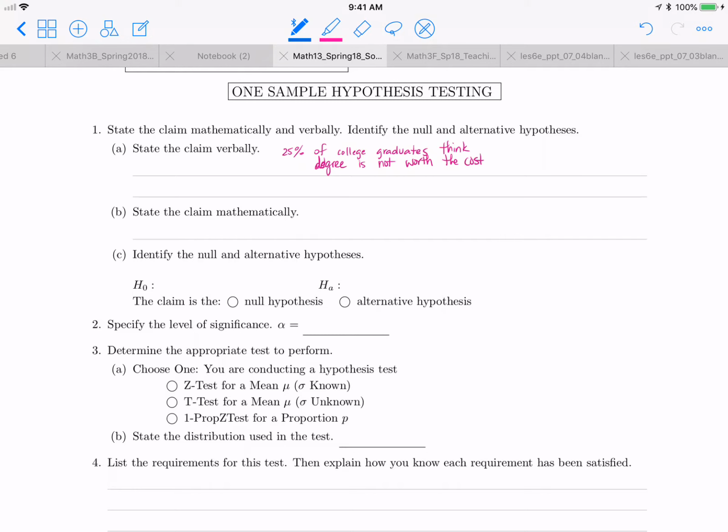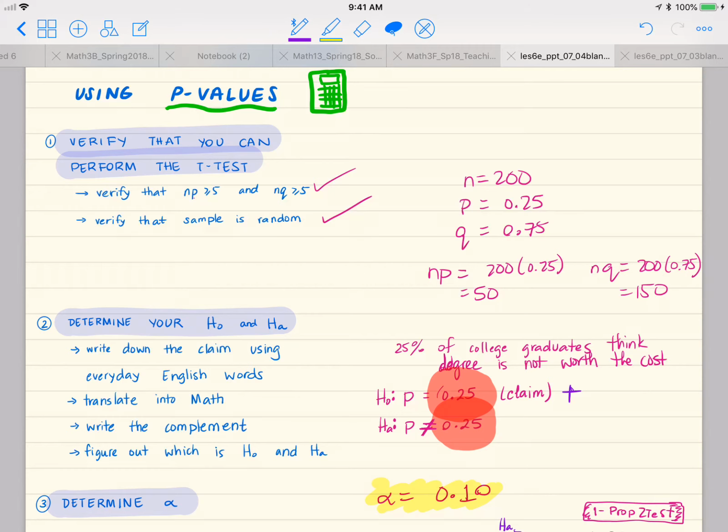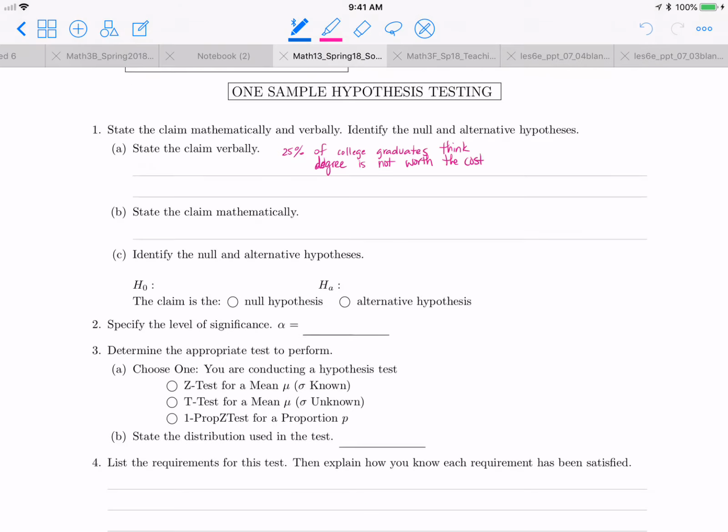Wait, I think I'm missing something. Yeah. Okay, so here we've got P equals 0.25. My null hypothesis, just from writing down what we had, was P equals 0.25. My alternative hypothesis, P is not equal to 0.25.